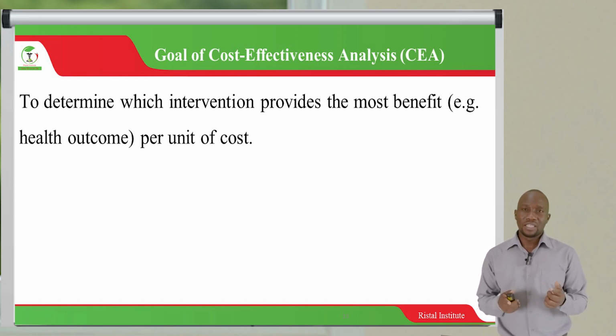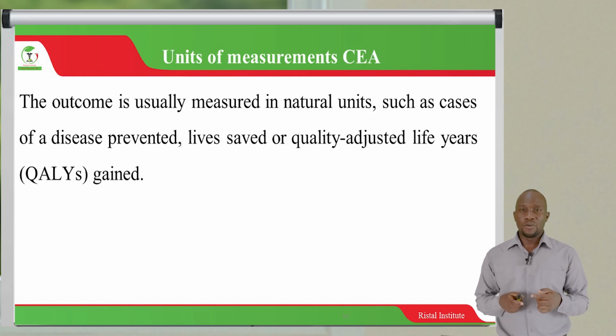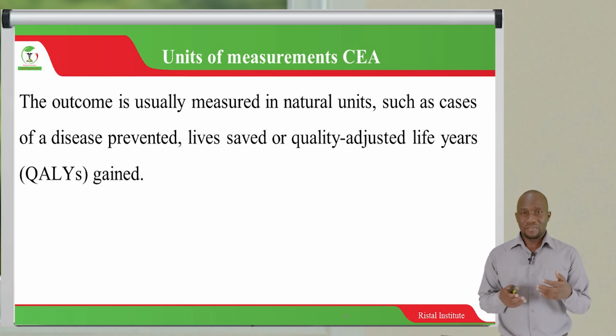So you look at the benefit versus the cost. We use what we call natural units in measurement of cost effectiveness. These natural units are the number of given diseases that have been prevented from happening, the number of lives saved, and then also the quality adjusted life years. These are some of the parameters that we use in measuring effectiveness in cost effectiveness analysis.